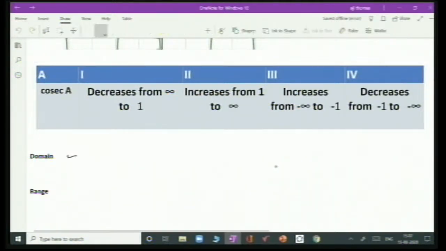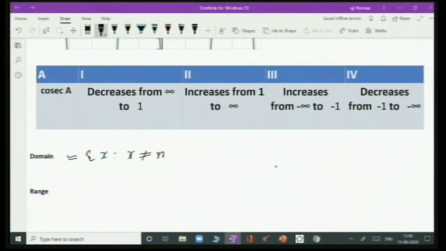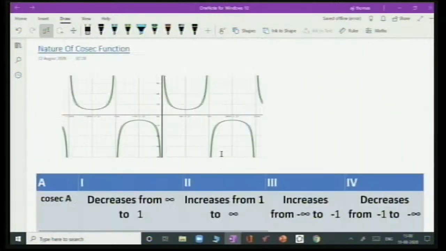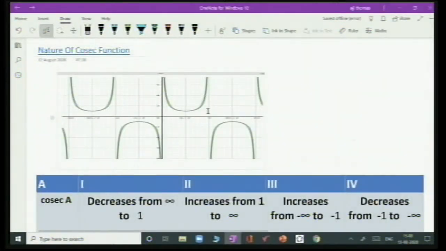The domain for cosec x is x such that x is not equal to n pi, where x belongs to real numbers and n belongs to integers. So all real numbers except integral multiples of pi form the domain. You can see in the graph also that it is not defined at pi, at 2 pi, and so on.